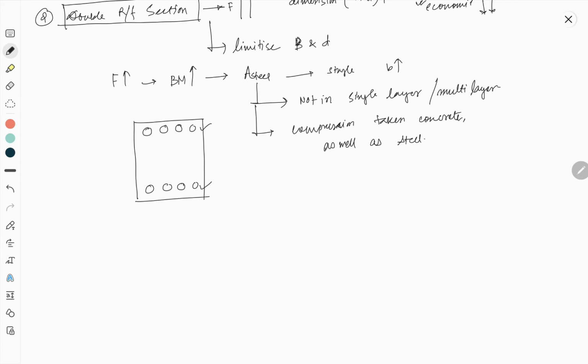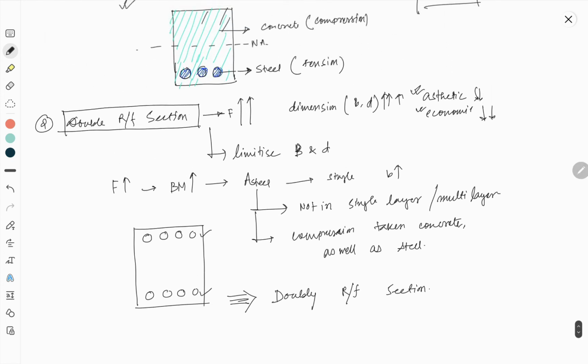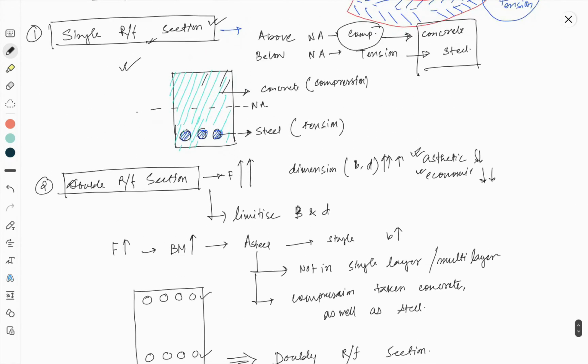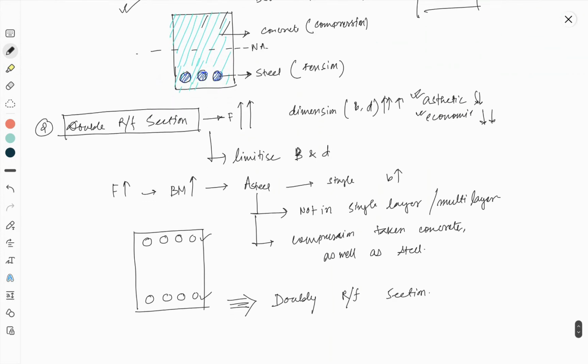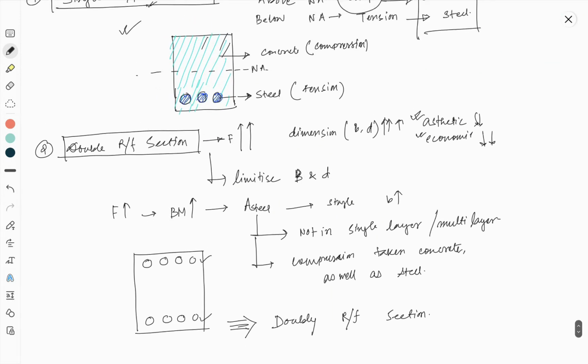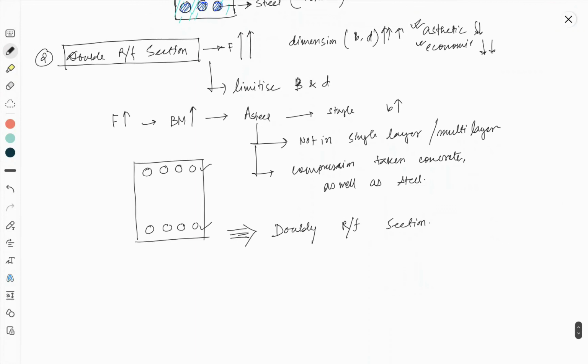This concept is known as the doubly reinforced section. I hope it is very clear how the single reinforcement concept came, and gradually how the doubly reinforced concept came to counteract the limitation of the single reinforcement concept.